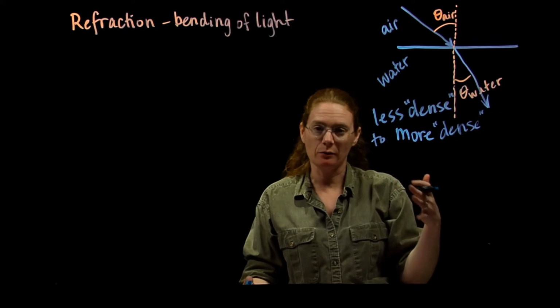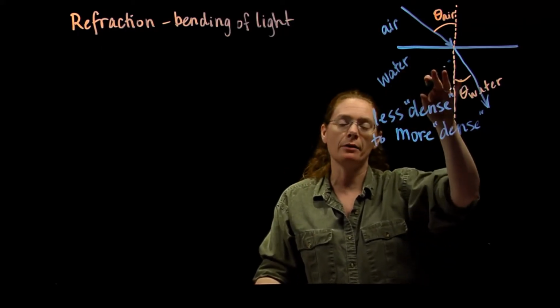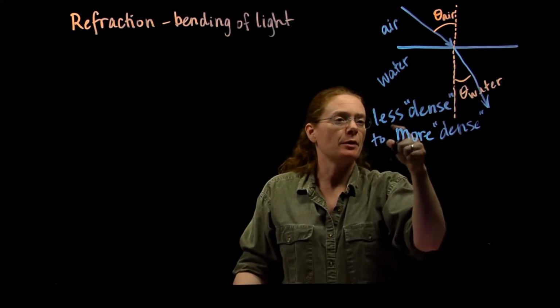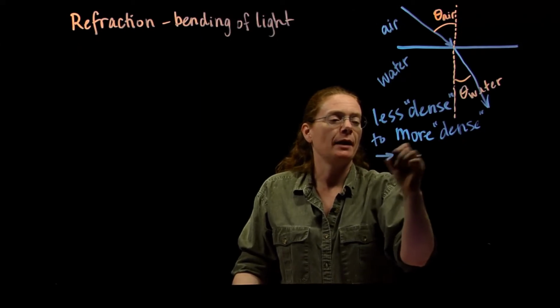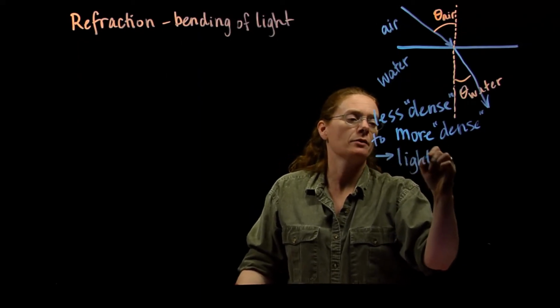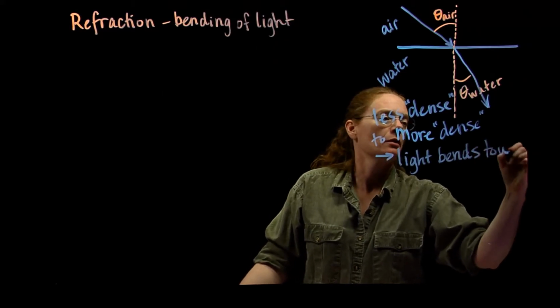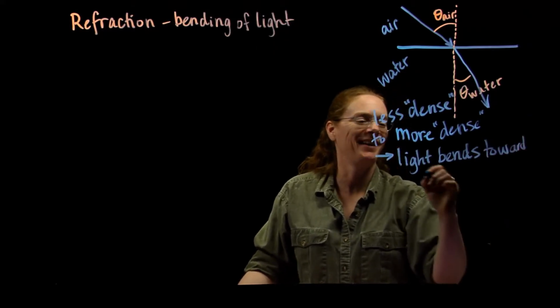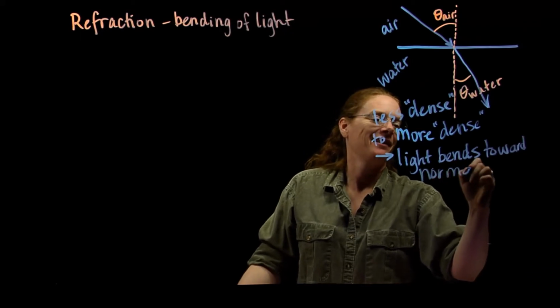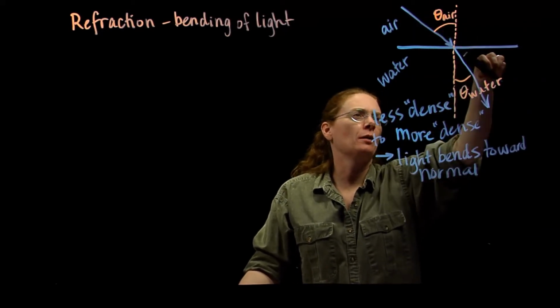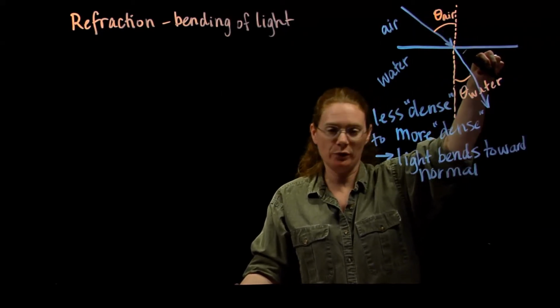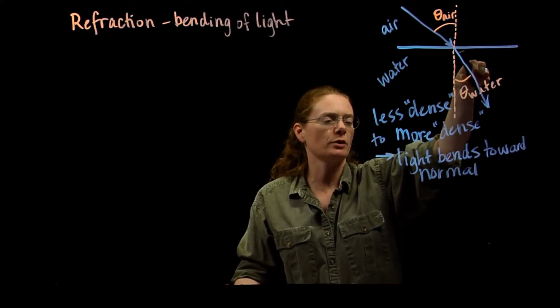Water is a little harder for light to travel through, so it's a little higher density. When this happens, less dense to more dense, then the light bends towards the normal. As we have here, it would normally come in here, and as soon as it hits the water, it bends towards the normal.